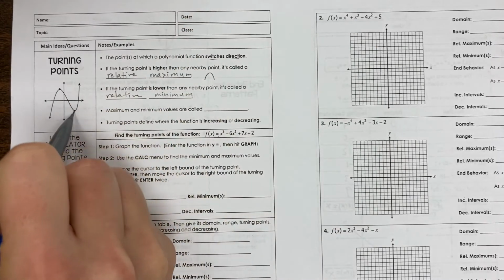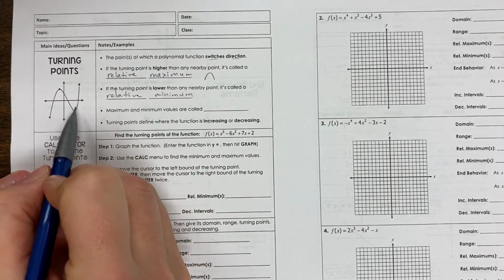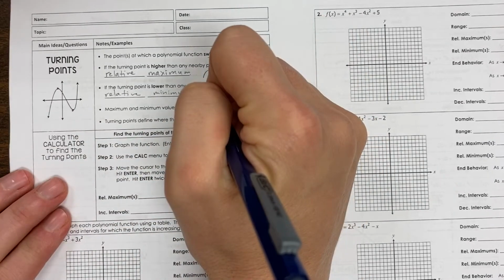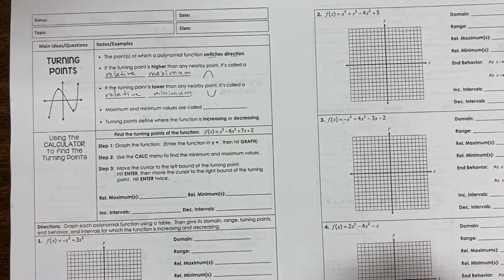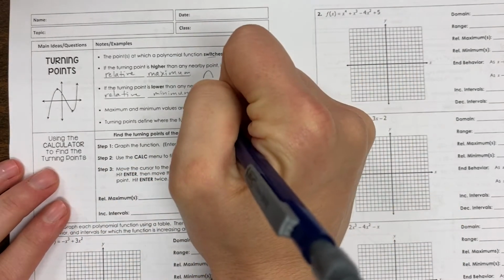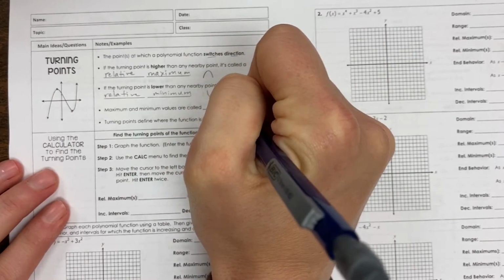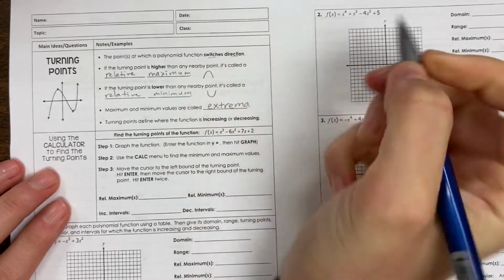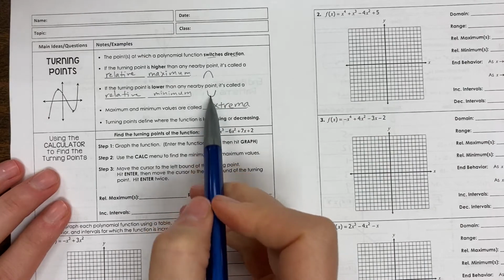And that would be this one, because see how this point is lower than the points around it? So that is any kind of U-shape spot on the graph. Maximum and minimum values are called extrema. So if you ever hear me use the word extrema, I'm just talking about hills and valleys on the graph.